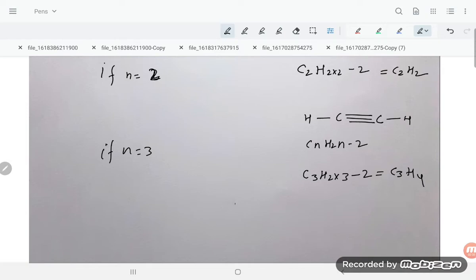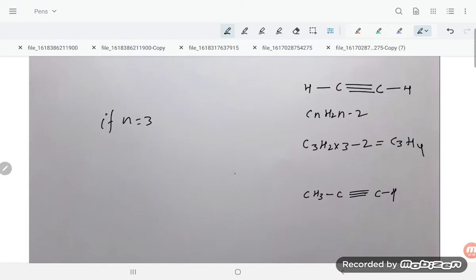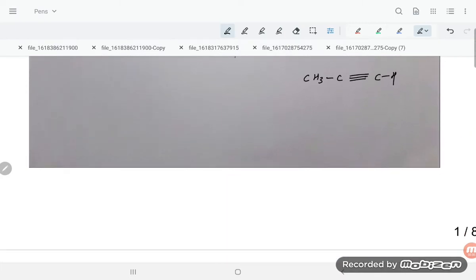So C3H4 means, you can put 3 carbons, 1, 2 and 3, and there are 4 hydrogens. Between 2 carbons you put the triple bond and then manage the number of hydrogens. So here it will come CH3, a single bond, and here H. So this way you will be able to draw it.